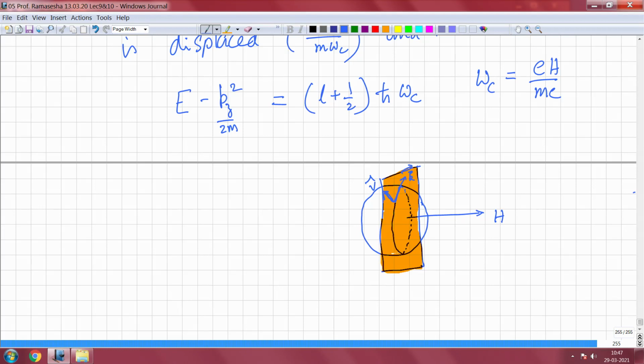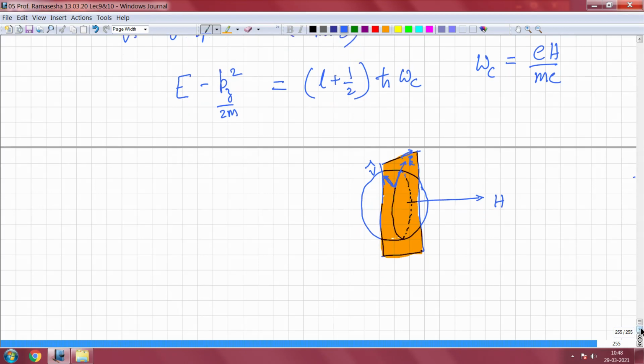So, having said this, what we have from our Lorentz equation is the following: h cross dk by dt is equal to minus e by c V cross H. Actually it is the momentum, so let me put a h cross here.